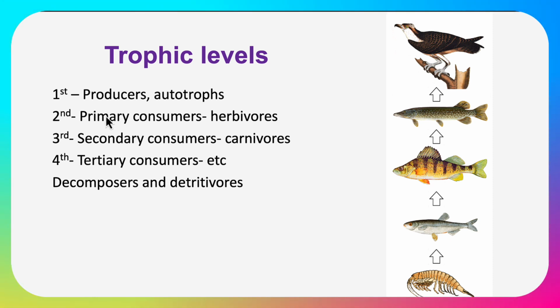And then we've got our consumers, so primary consumers, secondary, tertiary, etc. But then we've also got our decomposers and our detritivores. Now they're not parts of these trophic levels because they are involved in decomposing or breaking down all levels of a food chain or food web.